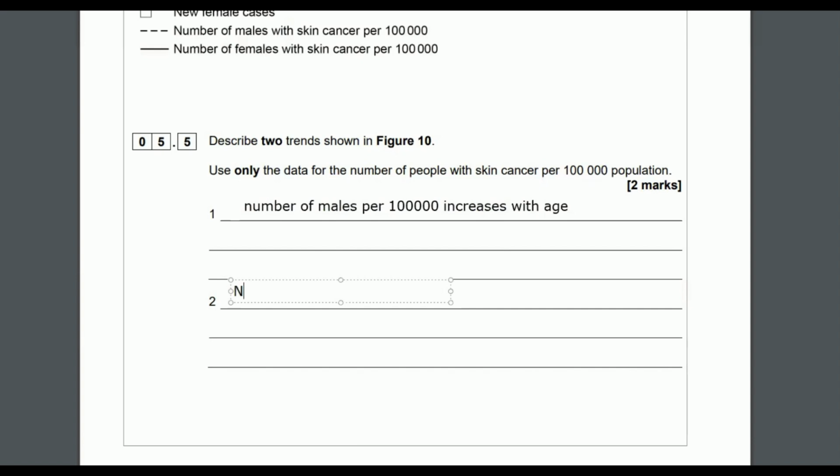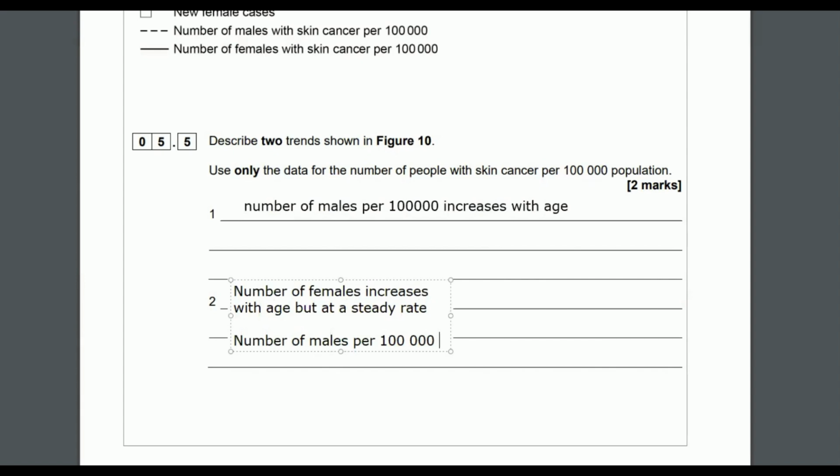Something like number of females increases with age, but at a steady rate. And I could say number of males per 100,000 rapidly increases after age 59.